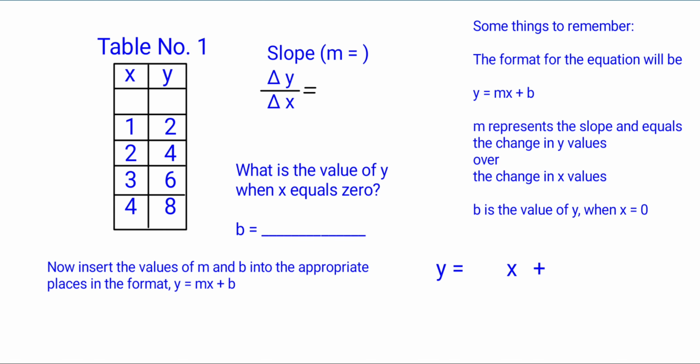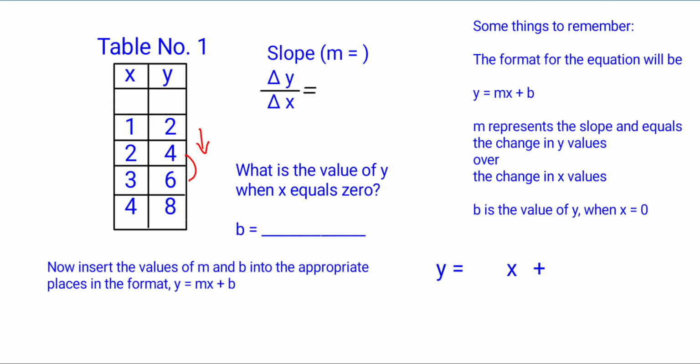Okay, I'm going to start by looking at the values of y to get my slope. As I'm going down, I notice that I'm adding 2 to each number. 2 plus 2 is 4, plus 2 is 6, and plus 2 is 8.